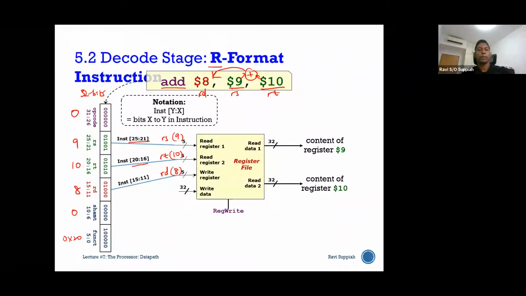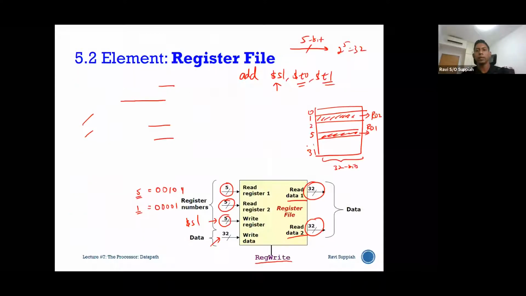Once I put the value of 9 into these 5 bits of read register 1, what comes out is the content of register 9. If you go back here, you can see what I drew.